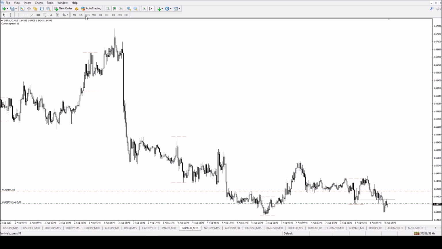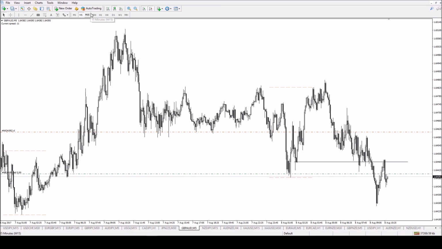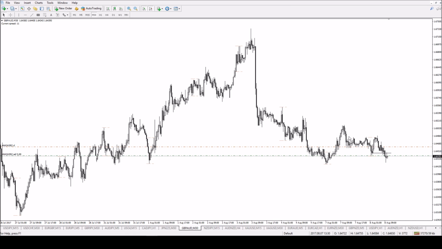It is a long way away, but I'm hoping it's a move on now because we've been consolidating. And what I like is I've seen this pattern before where we've got a consolidation here, right? Consolidation breaks out of it, down, then back up, spikes up, takes out these highs, and then down again. Now it should start rolling over, I believe.